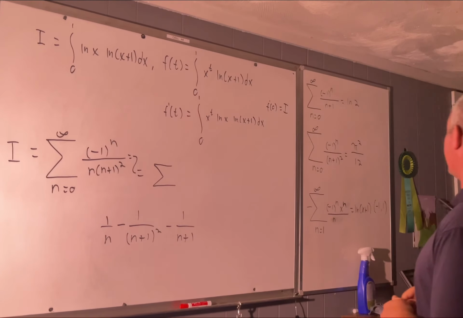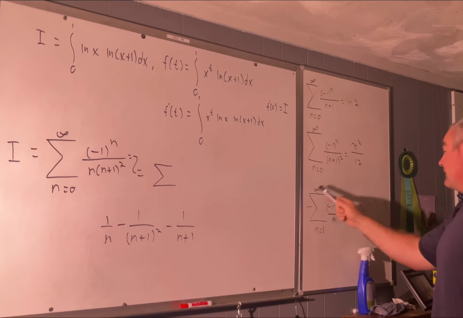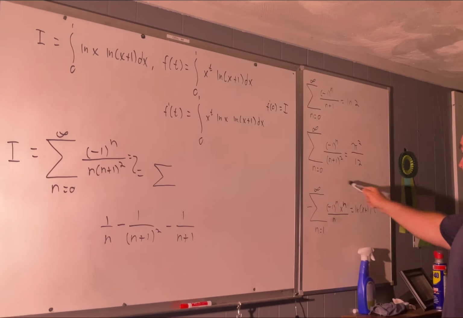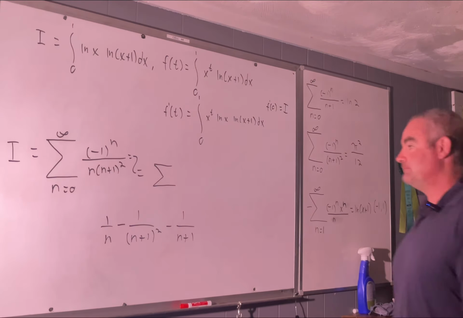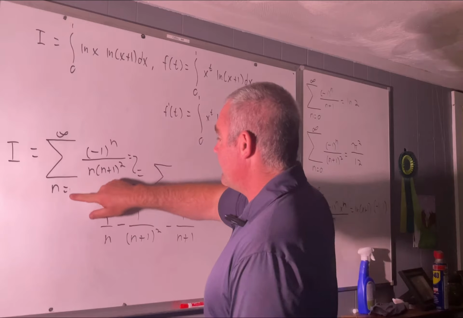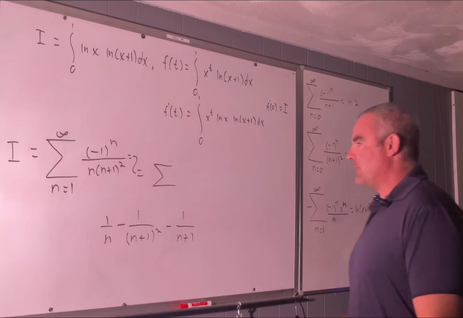I think I must have done something wrong here. I did do something wrong. Right here, you'll notice that this sum actually starts at 1. So, there we go. 1. Not that big a mistake.